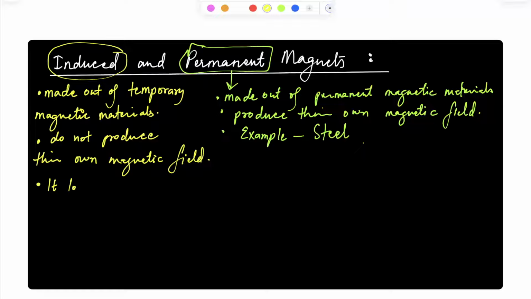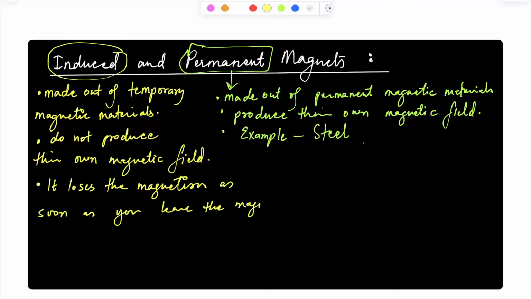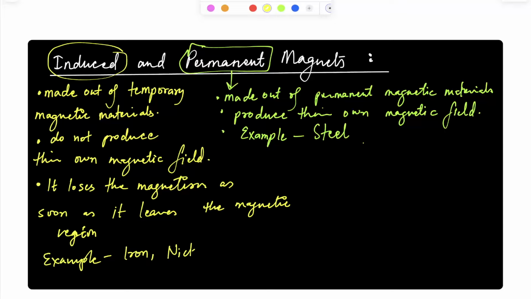It loses the magnetism as soon as it leaves the magnetic region. Examples could be iron, nickel, cobalt.